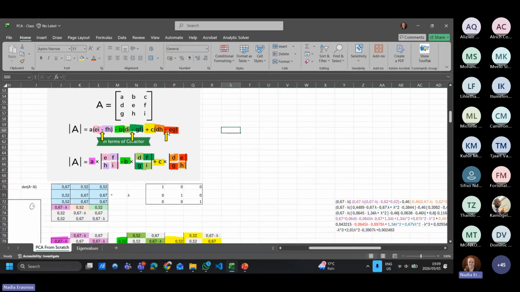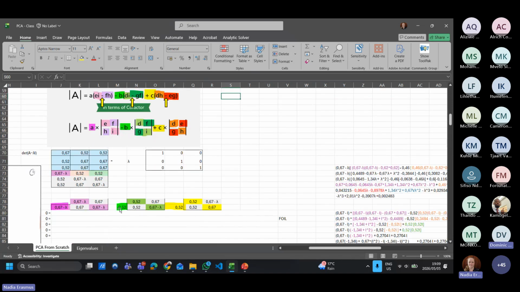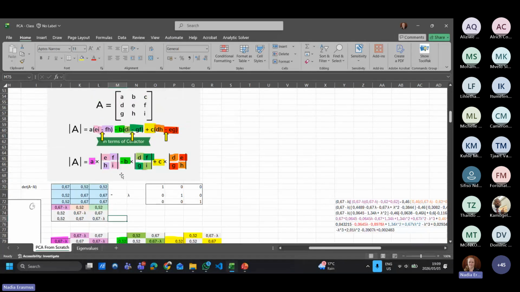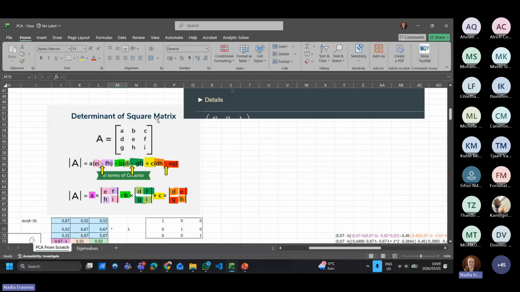So this is a formula. That's why it's minus 0.52. Does that make sense? Yes. Okay, so it's your determinant of a square matrix formula.